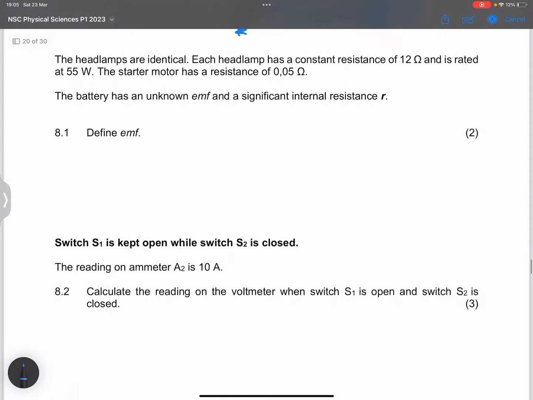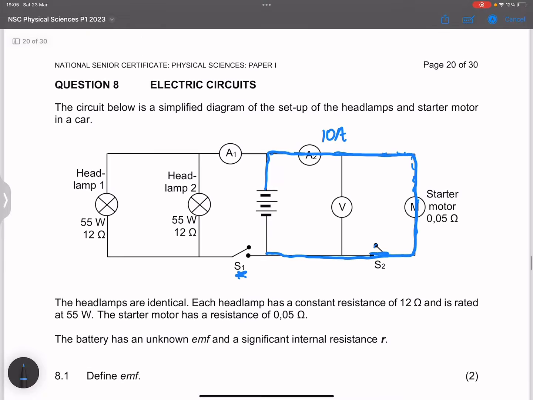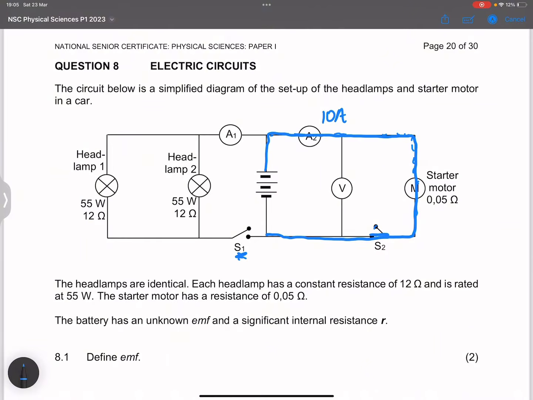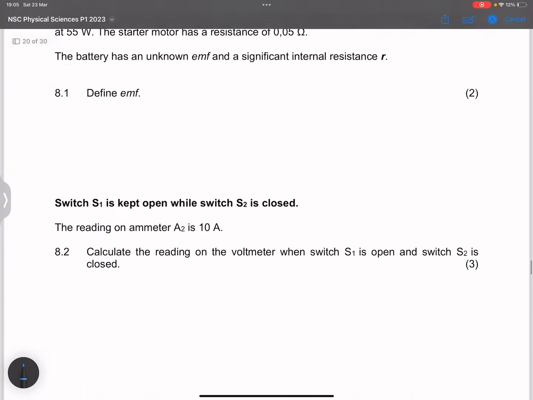Now they say, calculate the reading on the voltmeter when switch S1 is open and switch S2 is closed. We know 10 amperes of current are passing through 0.05 ohms of resistance.